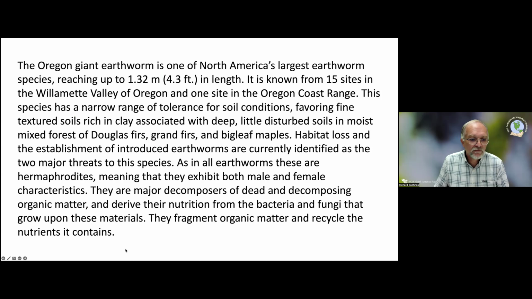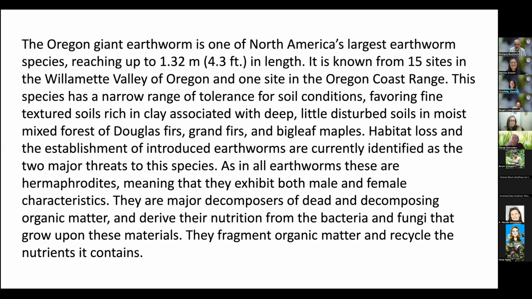Here's an example of a description. One of the species, the Oregon giant earthworm, is one of North America's largest earthworm species. This sucker goes up to over 4 feet long. Imagine that, a 4-foot long earthworm. It's crazy.